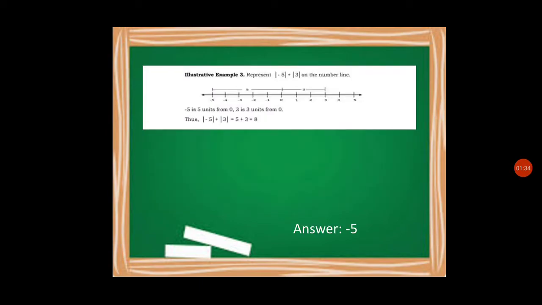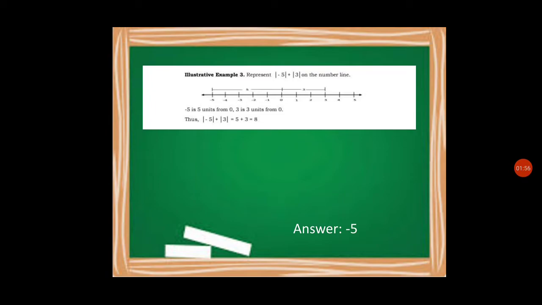Next, illustrative example number 3. Represent the absolute value of negative 5 plus 3 on the number line. Starting from 0, we are going to find negative 5.